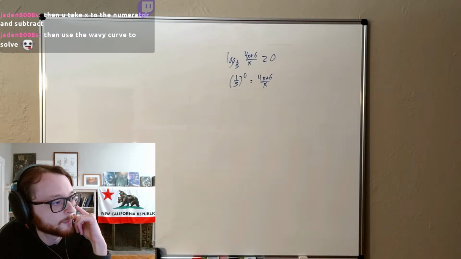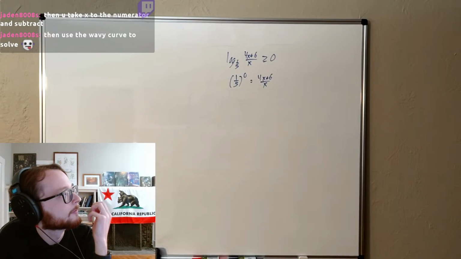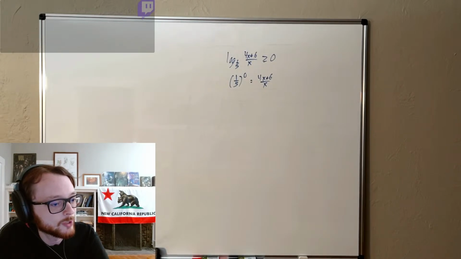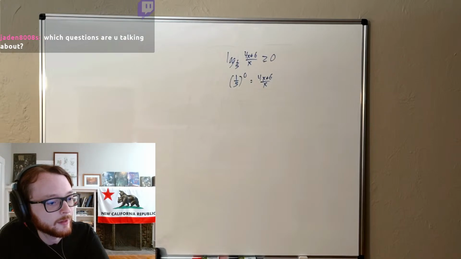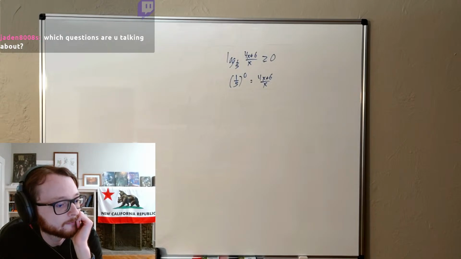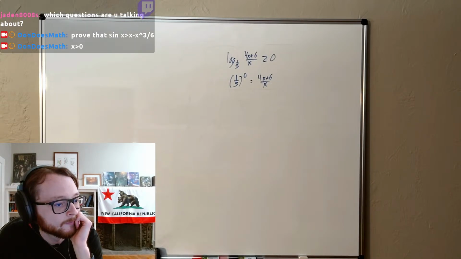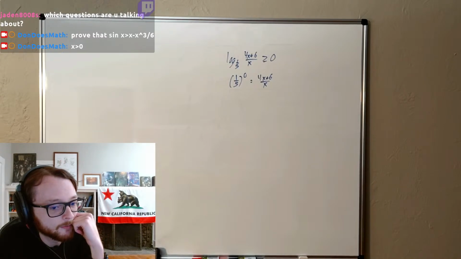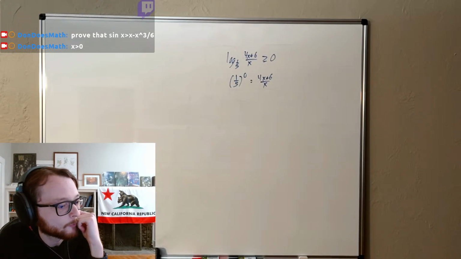Is that over a domain, Quack? Because that's certainly not true for every x, I don't think. Oh, it's like finding what values of x that's true for. Quack is putting it in the YouTube chat. X greater than 0? Apparently. I've got to do the question on the board. I've got to do the question that Integration by Parts posted, and then I can look at Quack's. But that's what Quack wrote over in the YouTube chat.